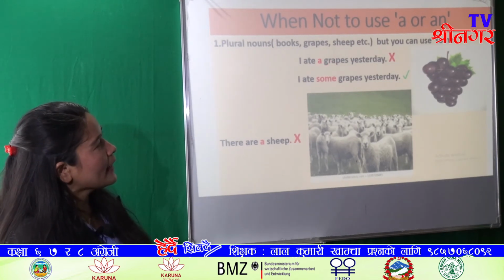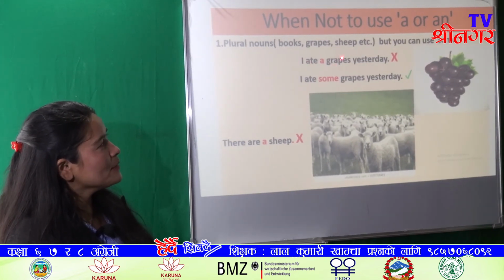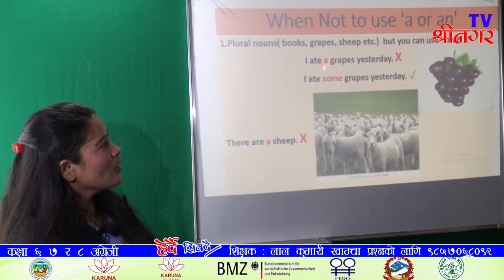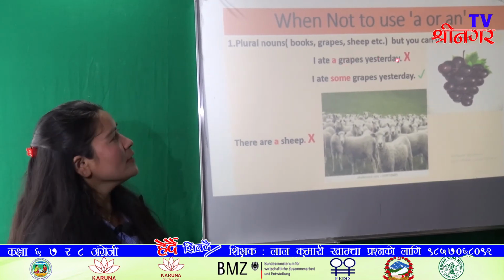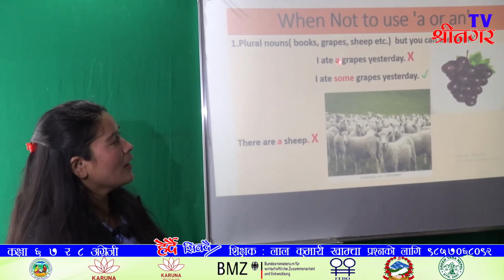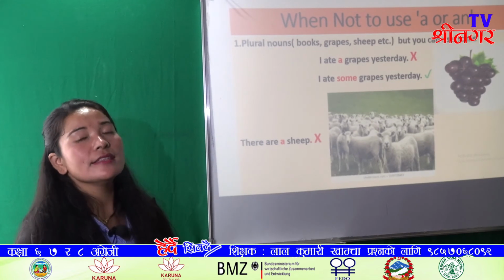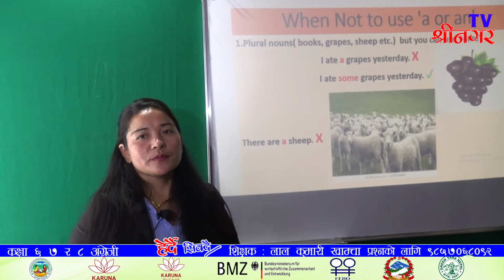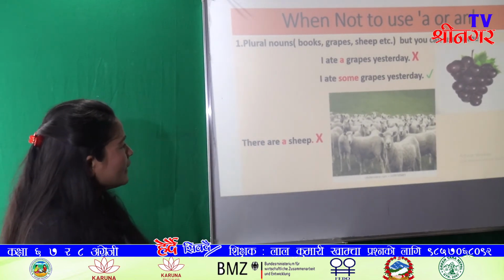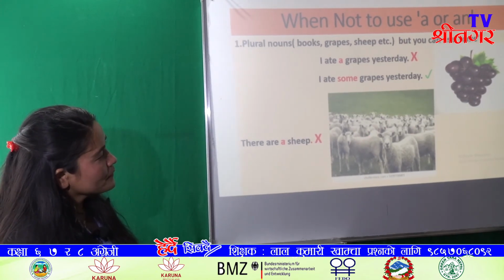But here, "I ate a grapes yesterday." Grapes is plural, but before grapes "a" is used. So this sentence is wrong. But in place of "a" we can use "some": "I ate some grapes yesterday." This sentence is correct.